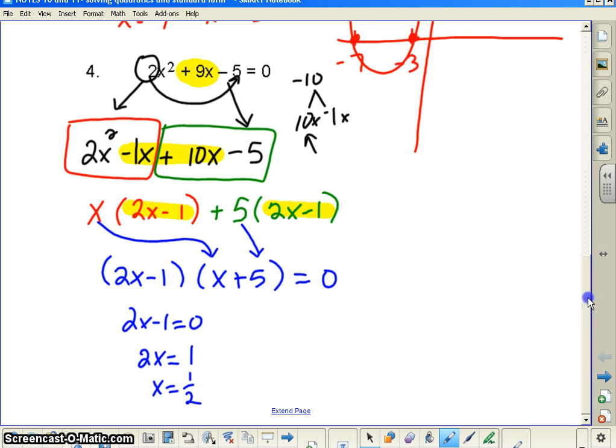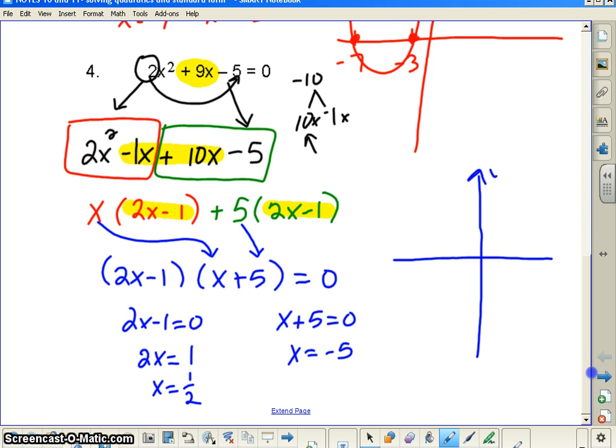So far I know my parabola is going to cross the x-axis at 1/2. And then the other one, x plus 5 equals 0, x equals negative 5. It's going to cross the x-axis there at negative 5. So what that looks like is this. Here's your y, here's your x. I have negative 5 over here, positive 1/2 here.